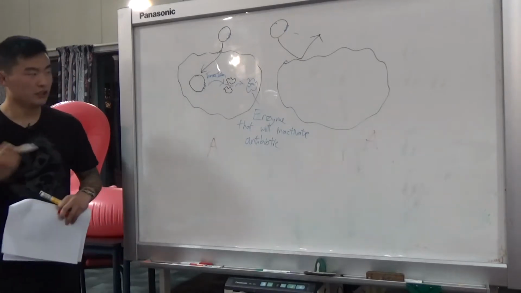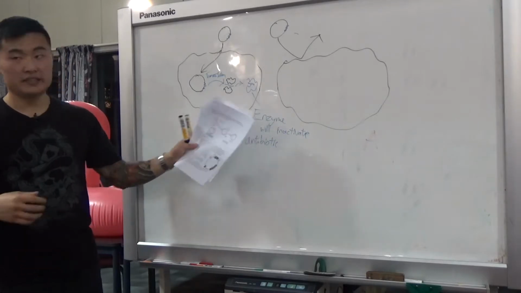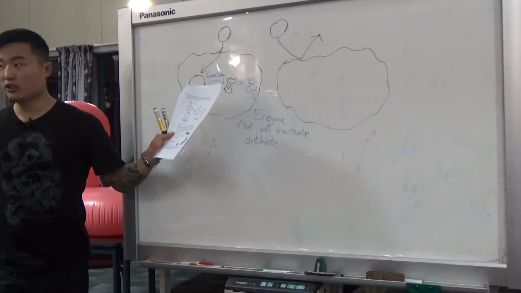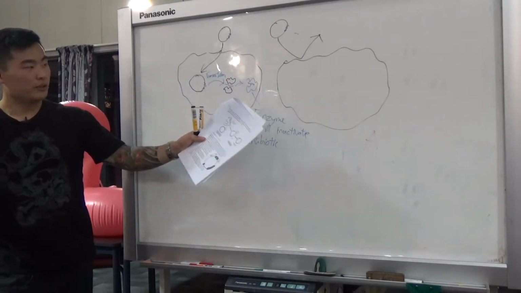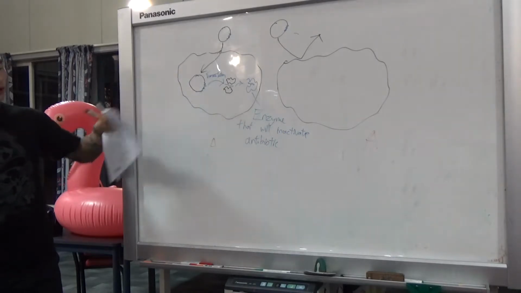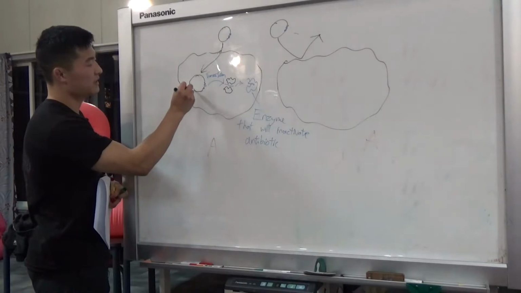the reason that you want to select is because if you don't select for them, both of these bacterial cells are going to grow, and so this bacterial cell here will also have the gene that you want to produce, right?